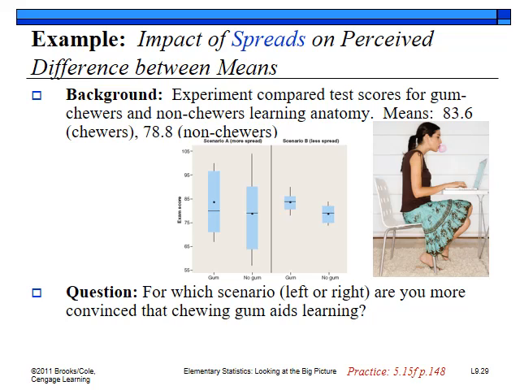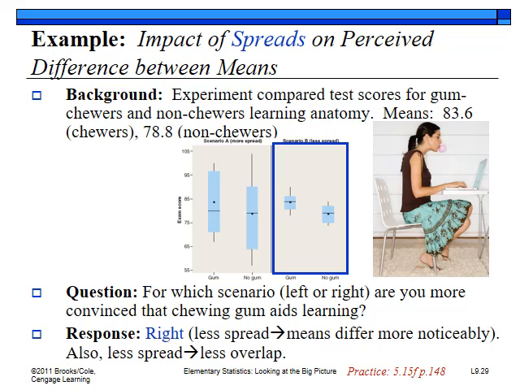Which of these two scenarios, the one on the left with more spread or the one on the right with less, gives you more evidence that chewing gum is an aid to learning? The one on the right does. Because there's less spread, we feel that the means have a bigger difference.